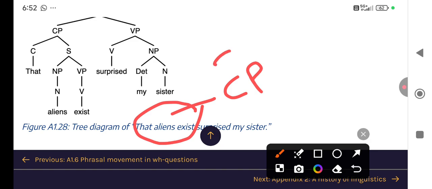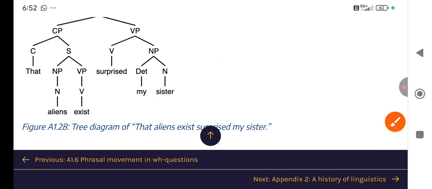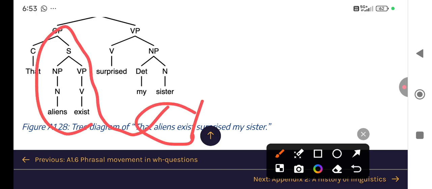Which clause? The subject clause phrase, and that's why it is mentioned here. That aliens exist: so that is the complement, or that is the clause. Then again the subject verb combination is called a sentence. So aliens is the noun phrase, exist is the verb phrase. That is analyzed this way. This part is this one.